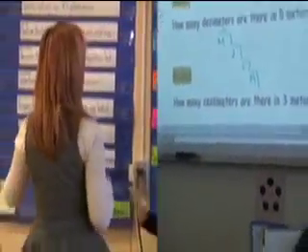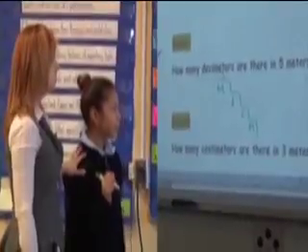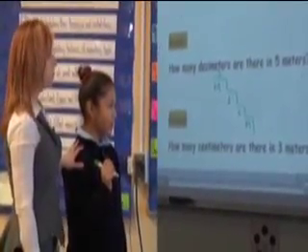And again, as Giovanna is processing, I want you to go ahead and strategize. How do you go about finding this answer? Okay. And can you tell me, Giovanna, why you put the 3 on top of the meters? Because there are 3 meters.